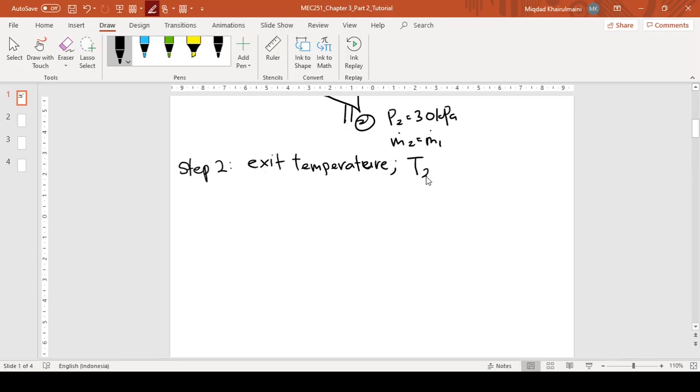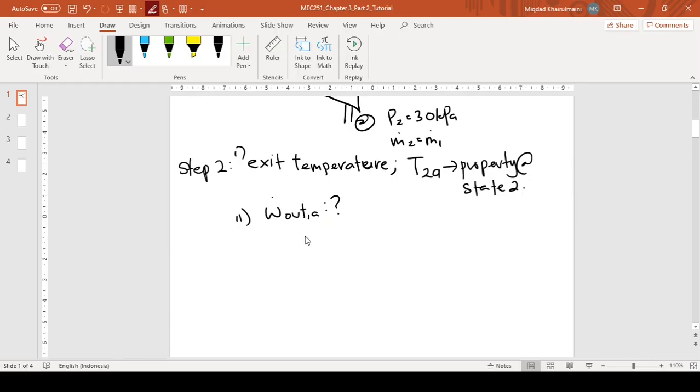And remember I said that since we know the isentropic efficiency, the exit temperature here is the actual exit temperature. So this is a property at state 2. Later when we find the properties, we will try to find the actual exit temperature. And this is number 1. Number 2 is the actual work output.